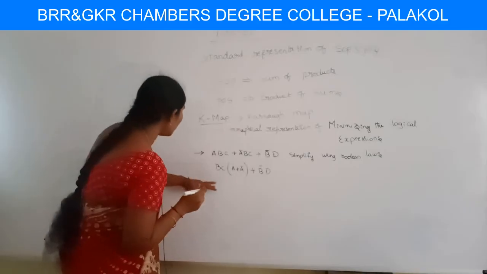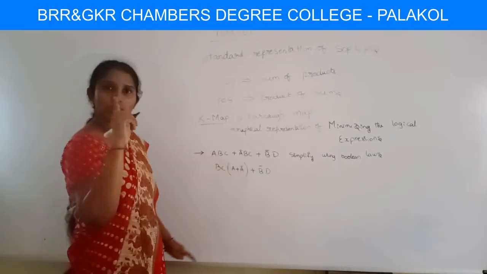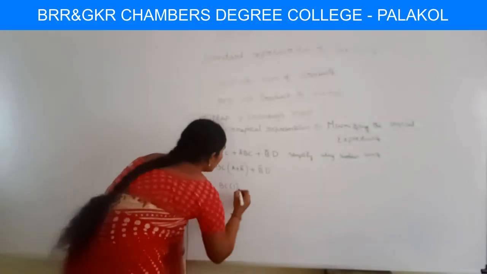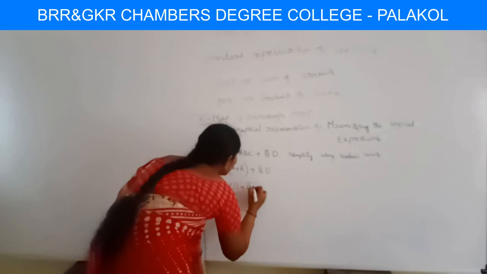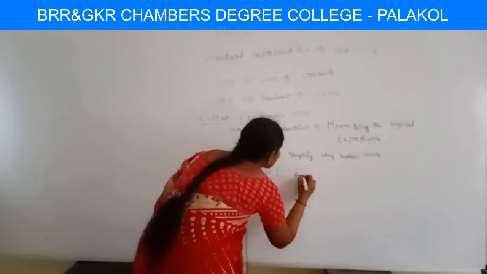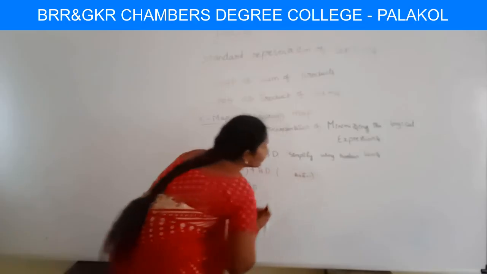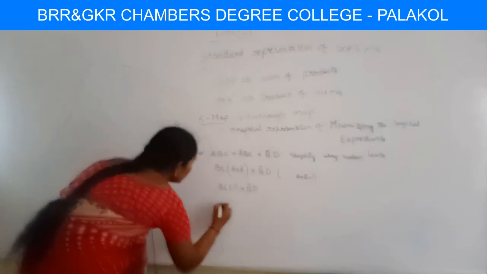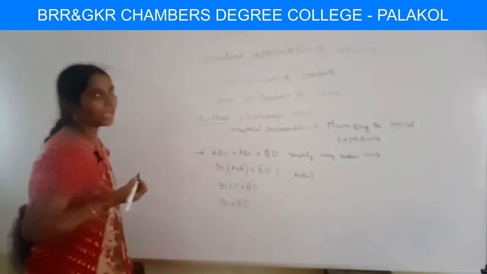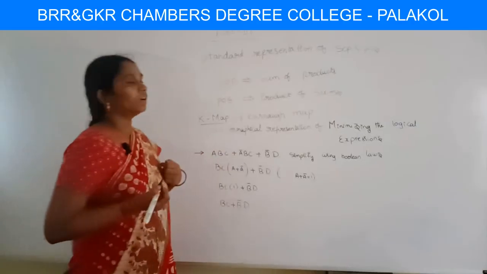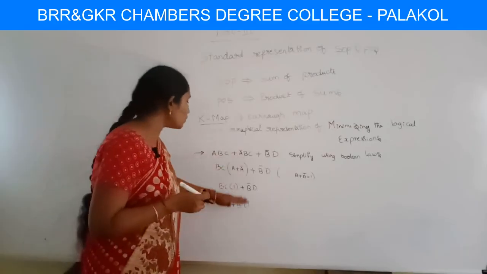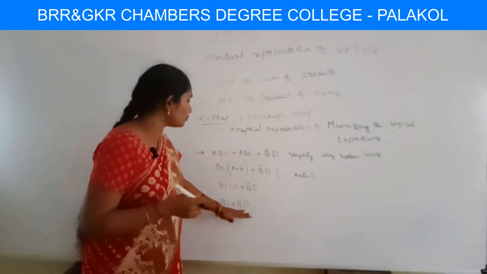Therefore A plus A bar is equal to 1 by the Boolean laws, and the final answer is BC plus B bar D. Likewise, by using the Boolean laws and duality principles, you have to simplify these expressions.